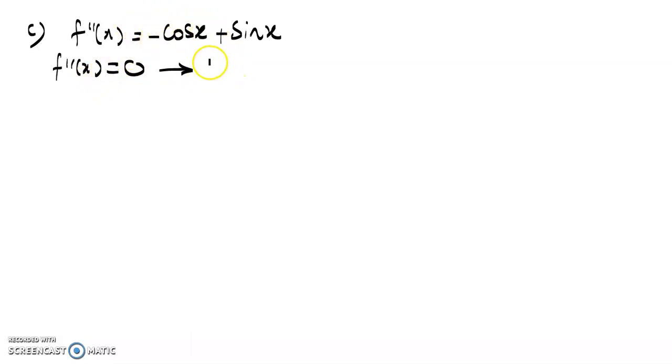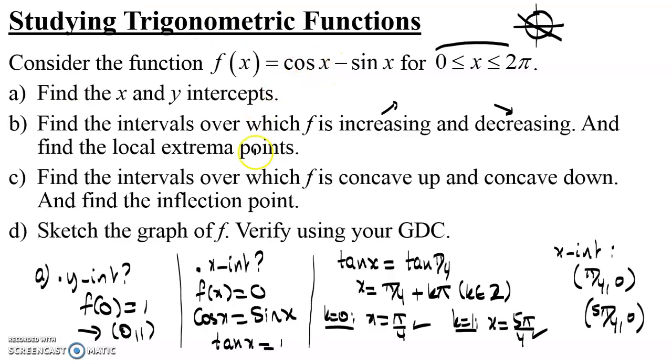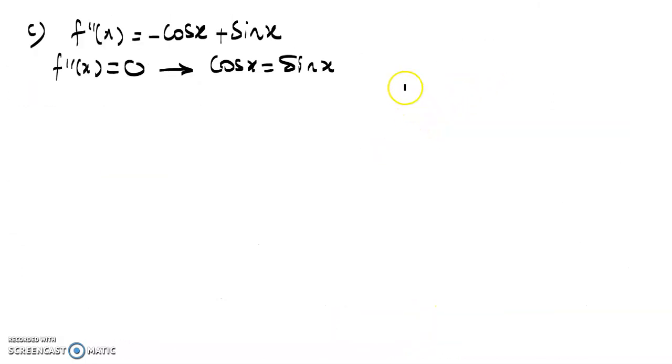However, that leads to cosine equals sine, which is the same equation that we solved when determining the x-intercept of the function. Since we've already solved it, we're not going to solve it again. We'll just admit the roots, which are pi over 4 and 5 pi over 4, over the domain 0 to pi. So x equals pi over 4 or x equals 5 pi over 4.